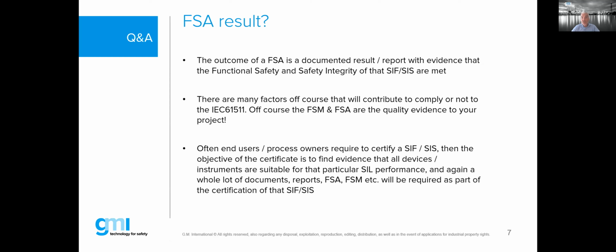Have you achieved it? Are you compliant to 6.15.11, yes or no? And often here, last bullet, the end users and process owners are required to certify the SIS or the SIF, safety instrumented function. Well, often that is the case. So we often hear that end users, they want to have a kind of evidence that the quality of their system achieves a certain SIL integrity or safety integrity.